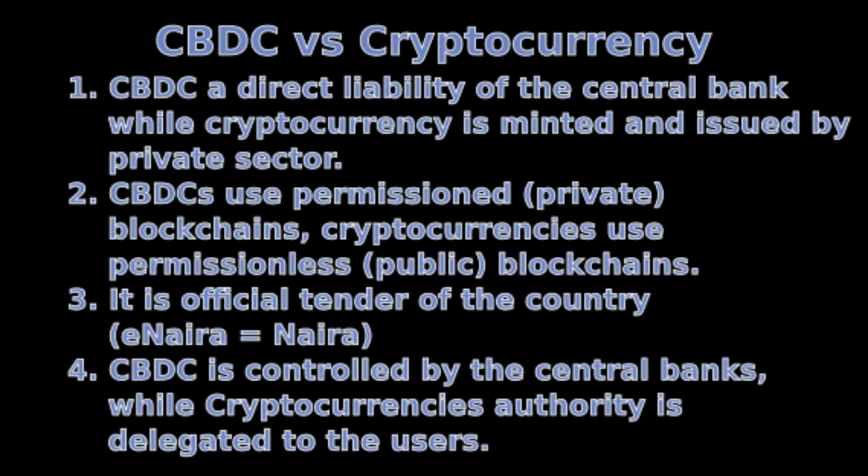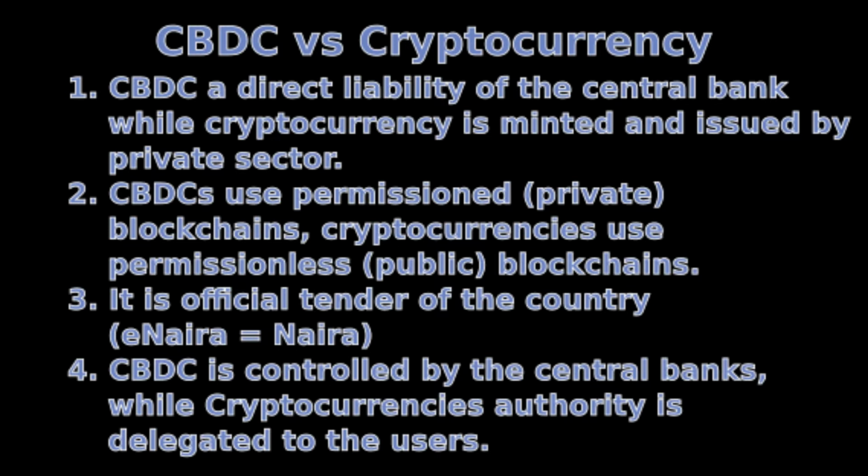CBDC is permissioned by the central bank, which means transactions are permissioned by the central bank or entities the central bank delegates to allow those transactions. In the cryptocurrency space, there is no need for permissions for transactions.